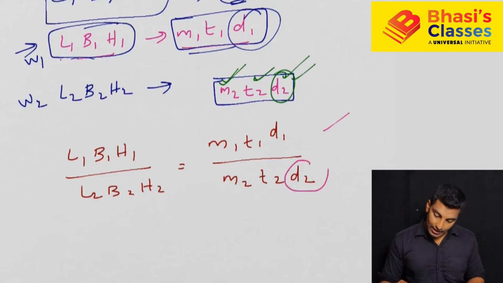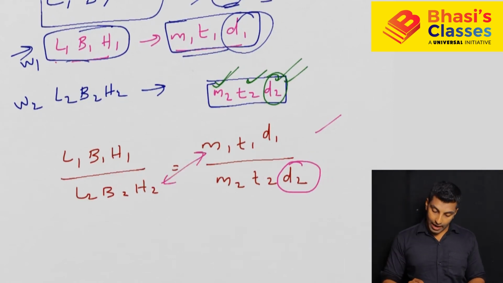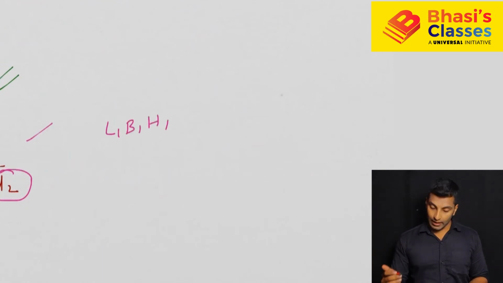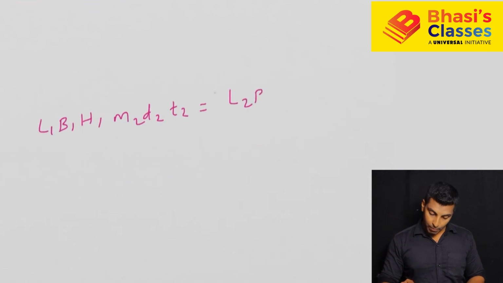Suppose this is the unknown, if everything else is given, you can easily find it out, right? Just cross multiply this and divide accordingly. When you cross multiply, you get L1 B1 H1, and the denominator on the right hand side will come here. So M2 D2 and T2 is equal to L2 B2 H2 and M1 T1 D1.